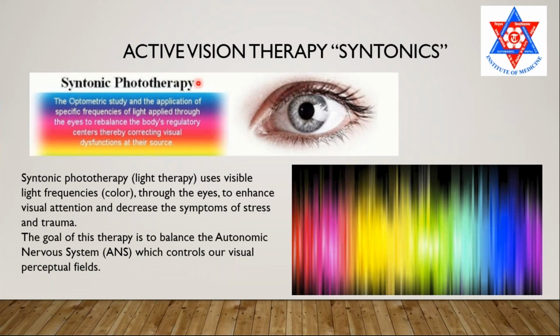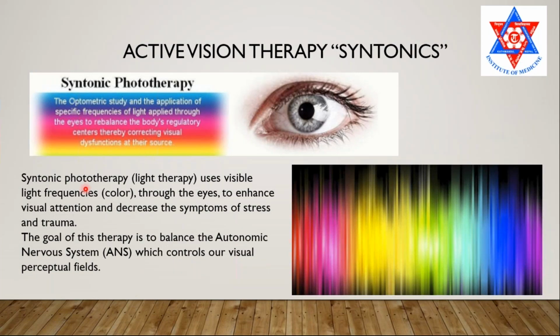Syntonic phototherapy is an optometric study and application of specific frequencies of light applied through the eyes to rebalance the body's regulatory centers, thereby correcting visual dysfunction at its source. It uses light with specific frequency, which helps in regulating the different centers of the body and eliminating the visual deficits present in the child with amblyopia.